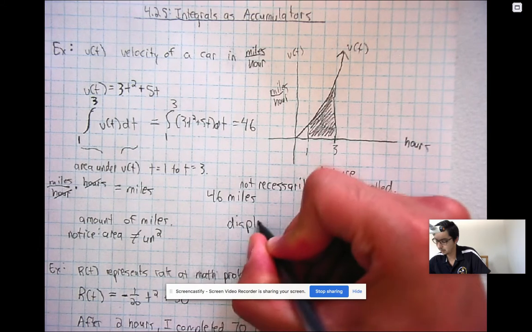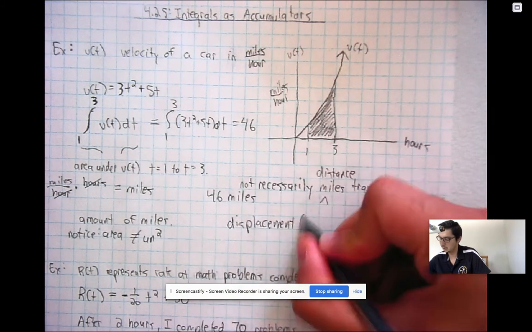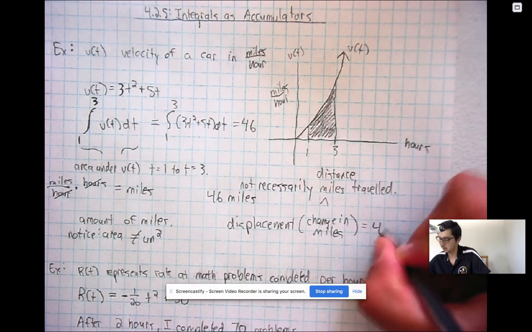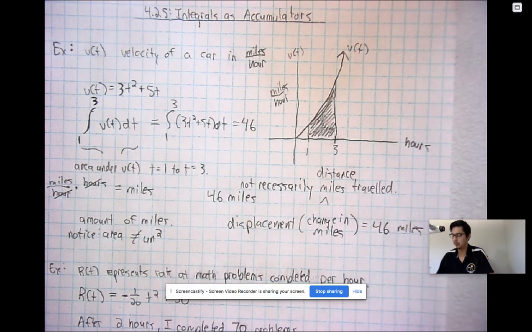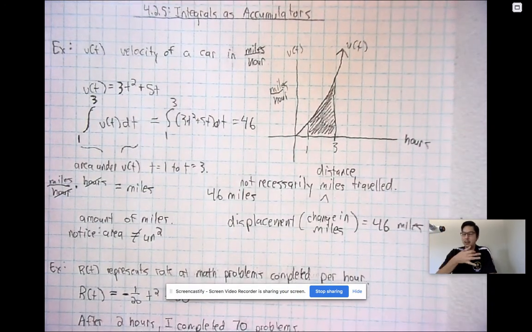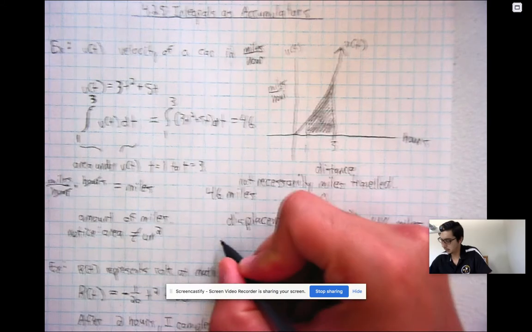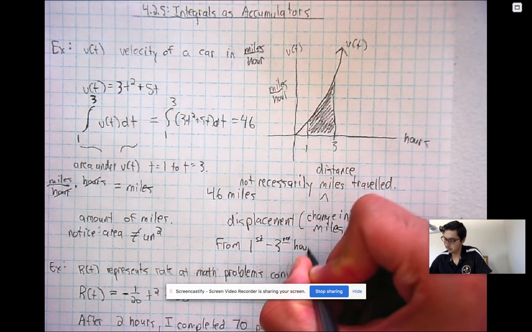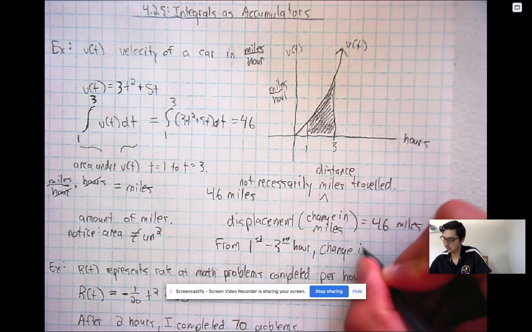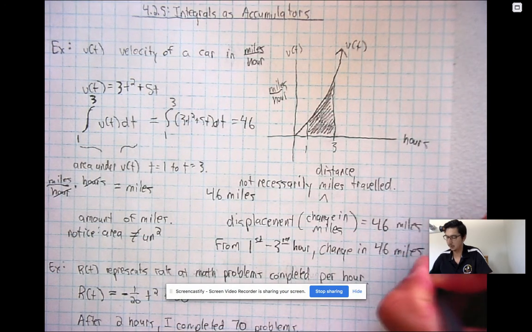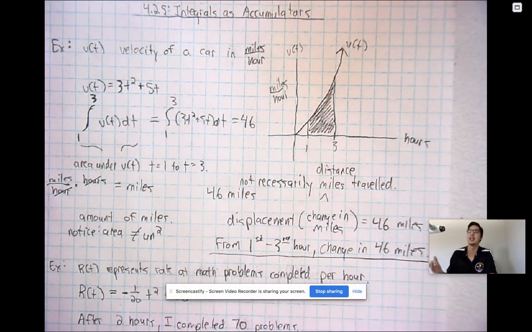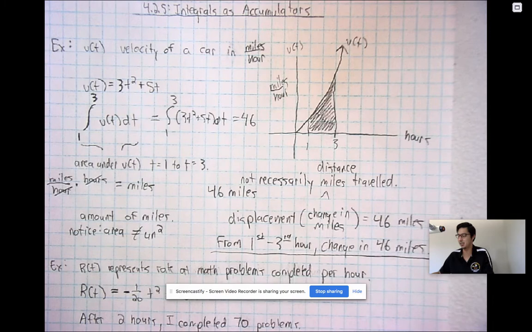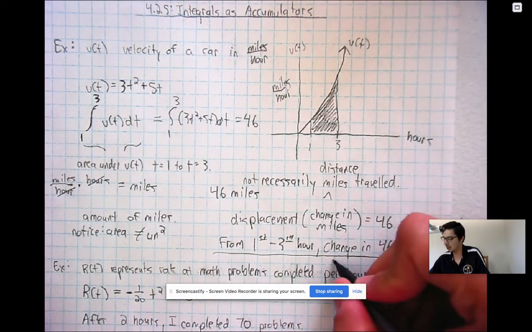So this is the displacement, which is the change in miles, is 46. So we're talking about something accumulating. If I go into more depth, from the first to the third hour, there was a change of 46 miles. So just understanding that it represents an amount, that's a change, and it's a change that's accumulating.